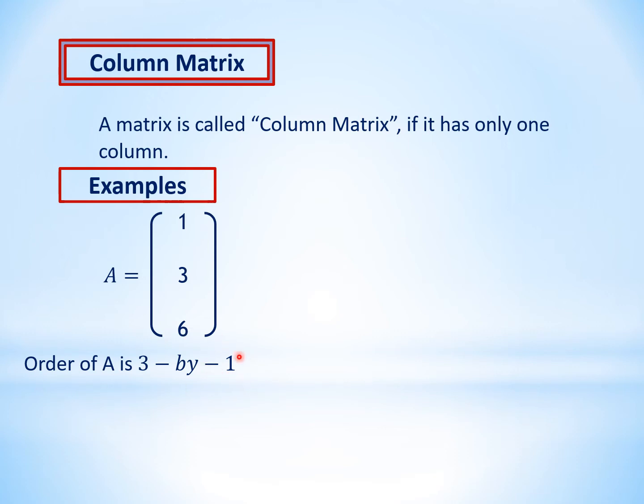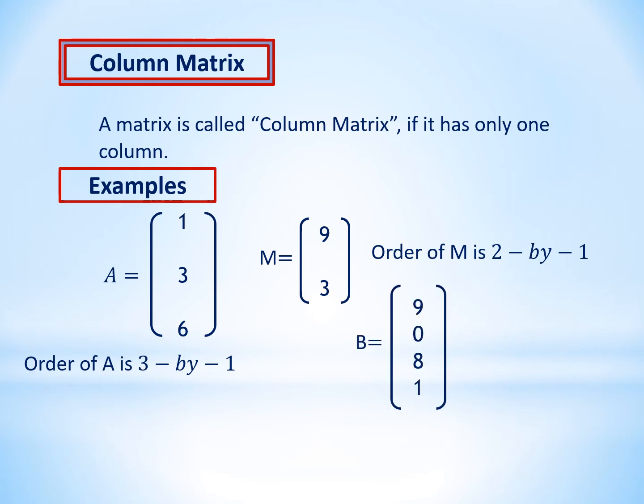Next, matrix M. It has one column and its order is 2 by 1. Next, B matrix. It has also one column and 4 rows. Its order is 4 by 1. As it has only one column, that's why it is named as column matrix.